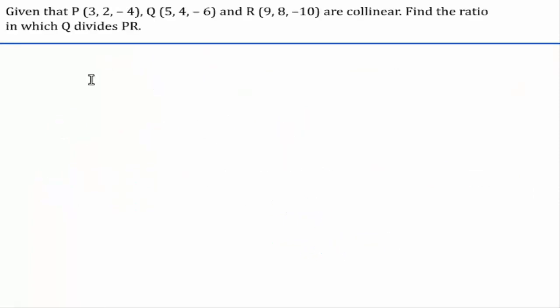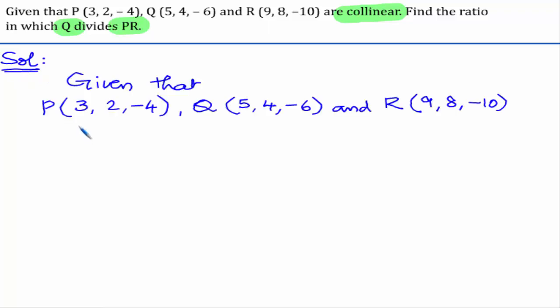In this problem, we were given three collinear points and we have to find out in which ratio Q divides the line segment PR. It is given that the 3 points P (3, 2, -4), Q (5, 4, -6) and R (9, 8, -10) are collinear.